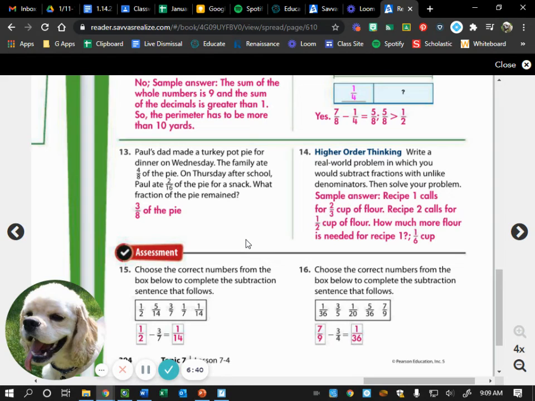So that means 6/16 would be left over. So for 13, if you said 6/16 of the pie, that answer works. Then you could have simplified for 3/8 of the pie. So 6/16 or 3/8 would work.